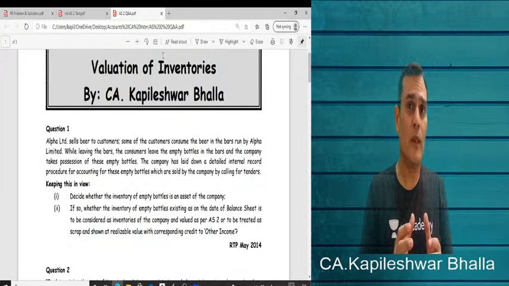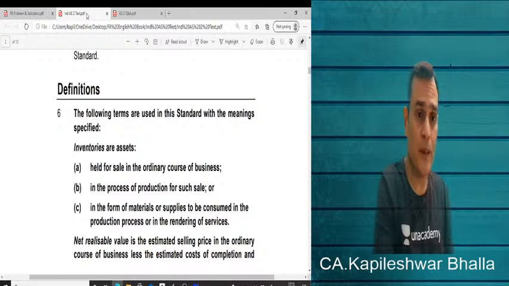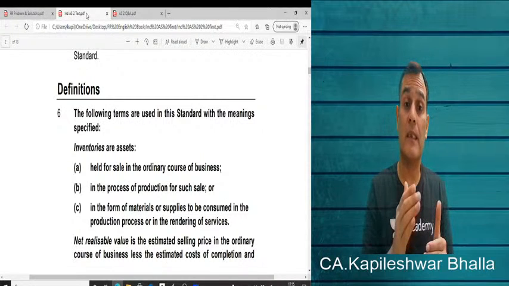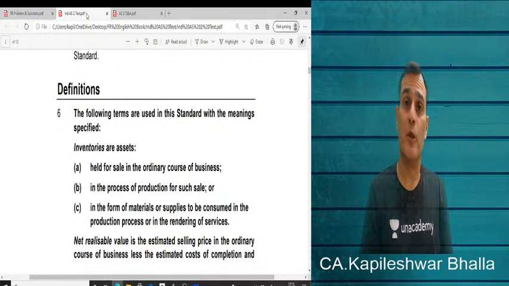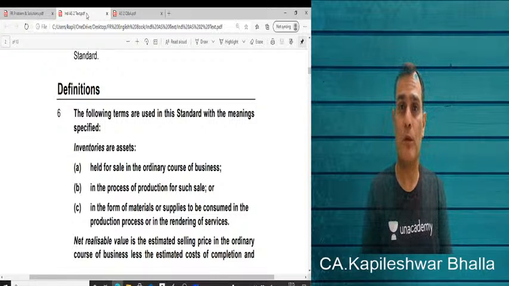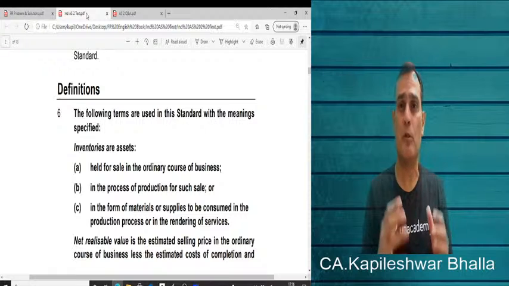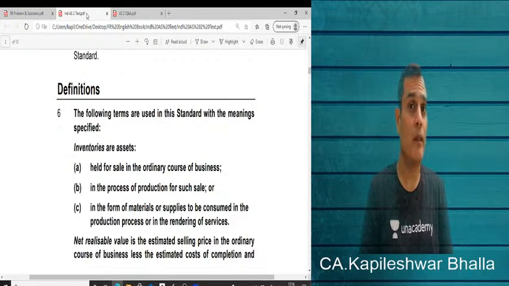But the only thing one could start discussing is whether this is held for sale in the ordinary course of business. When you say in clause A that it is held for sale, it says in the ordinary course of business. Now, one would argue, is the sale of empty bottles something which you're selling in the ordinary course? Because the business of this particular company seems to be the sale of beer. So one would argue that sale of beer is the ordinary course of business, and sale of empty bottles is not.